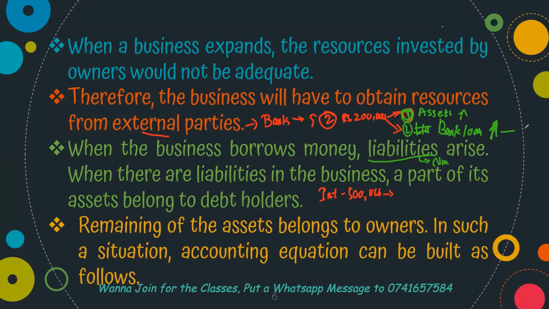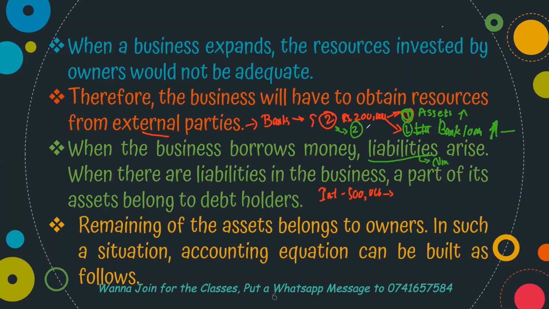Like I said earlier, there should be two impacts. Someone may say that when obtaining a bank loan of 200,000 rupees, the bank loan increases and there is nothing more. No guys, always remember, there are two impacts.